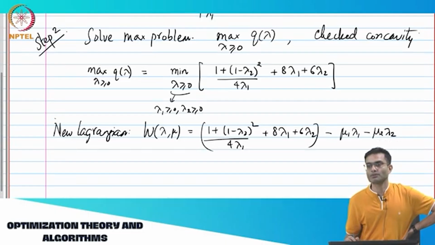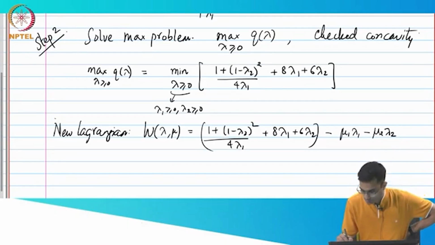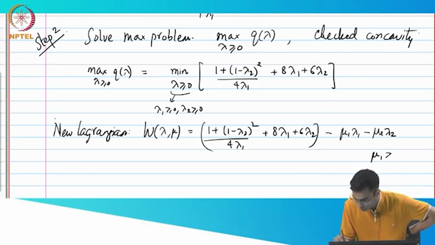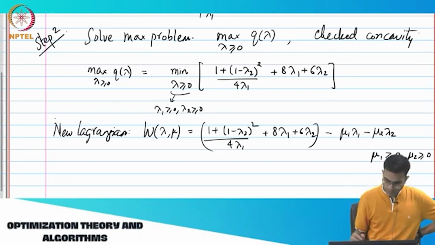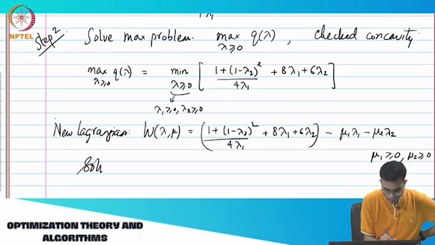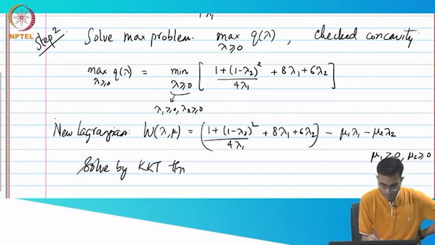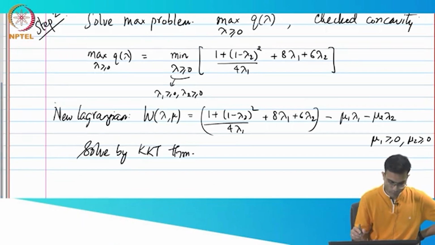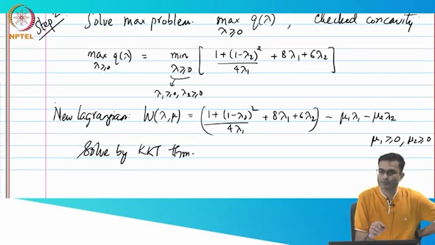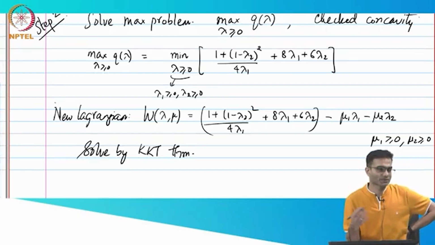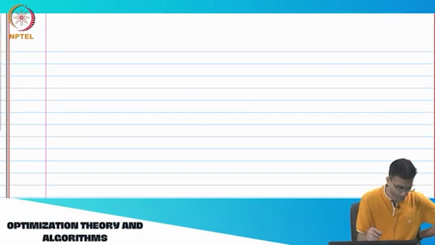They should be greater than or equal to 0 because these are inequalities. So mu 1 greater than or equal to 0, mu 2 greater than or equal to 0. Solve by the KKT theorem. Okay, so let's do that. So everyone's following what we're doing? We've got a second problem which needs to be taken care of, so we are taking care of it.